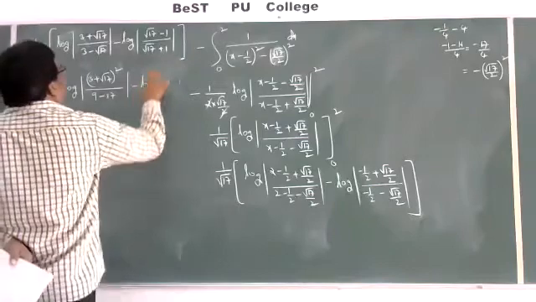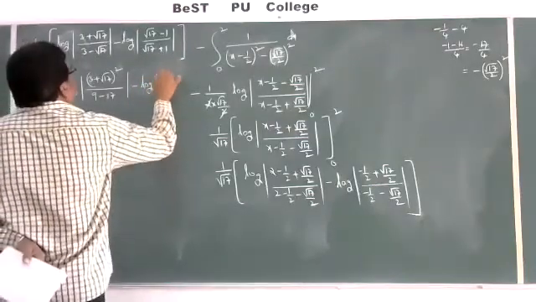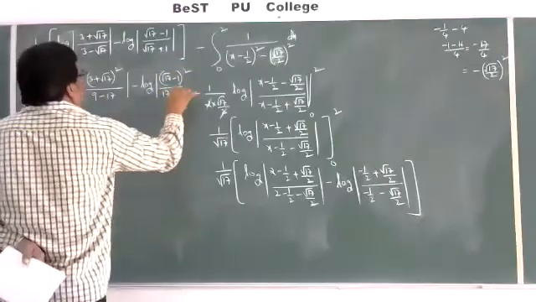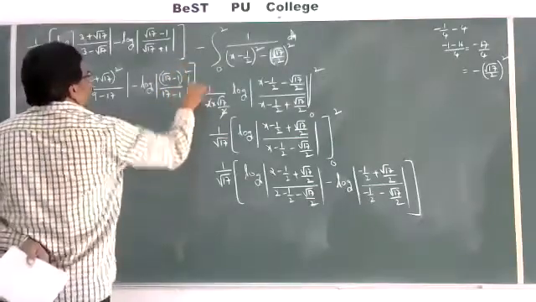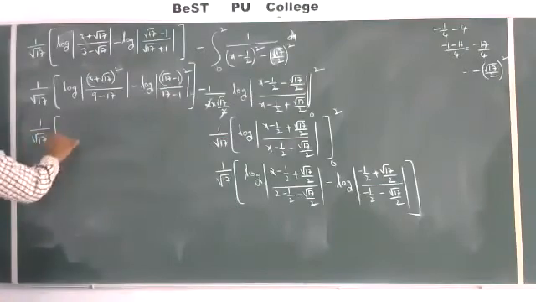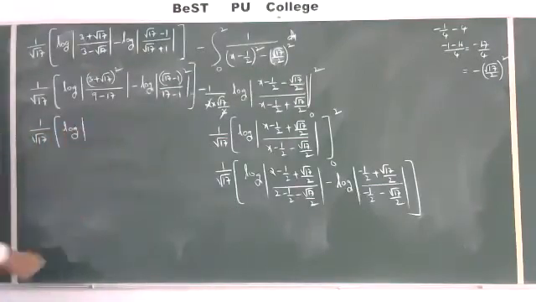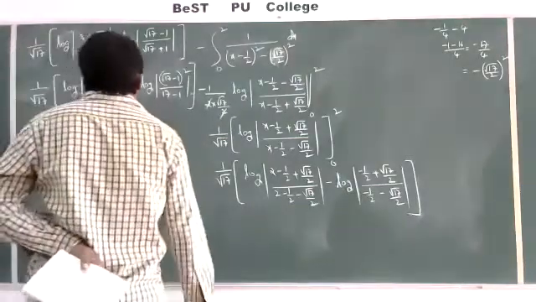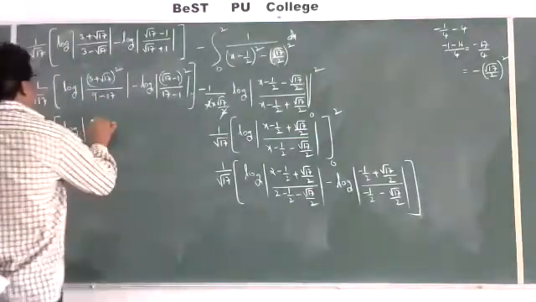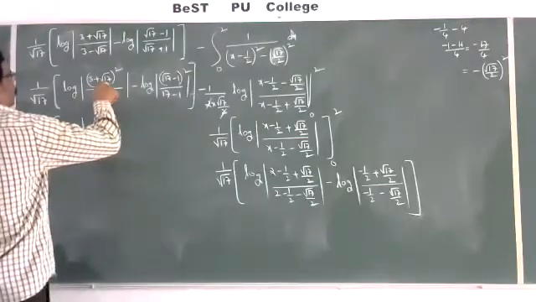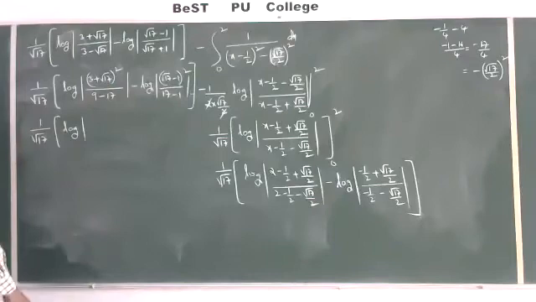Minus log mod root 17 minus 1 whole square by 17 minus 1. That is 1 by root 17. Just logarithm of mod 9 plus 17 plus 6 root 17.